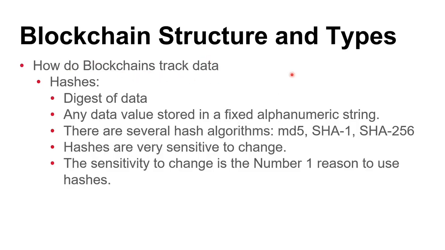Blockchains track data. Just like a ledger tracks data, blockchains track data in the same way. A big tool of the blockchain are the hashes. Hashes are generally known as digests of data. There are different hash algorithms, and different ones will produce different outputs.